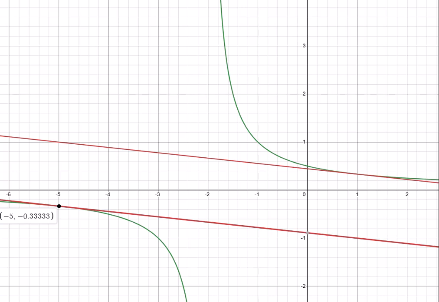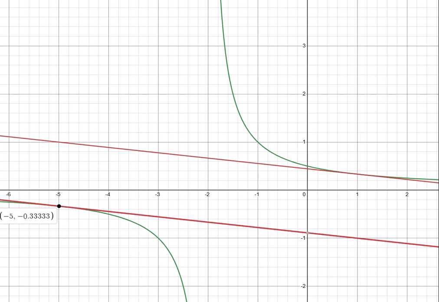So I went ahead and figured out the equation for the tangent lines. The green is our original function. Out here at -5, we can see where that tangent line hits our curve in one point. And the slope of that tangent line is -1/9, by the way.